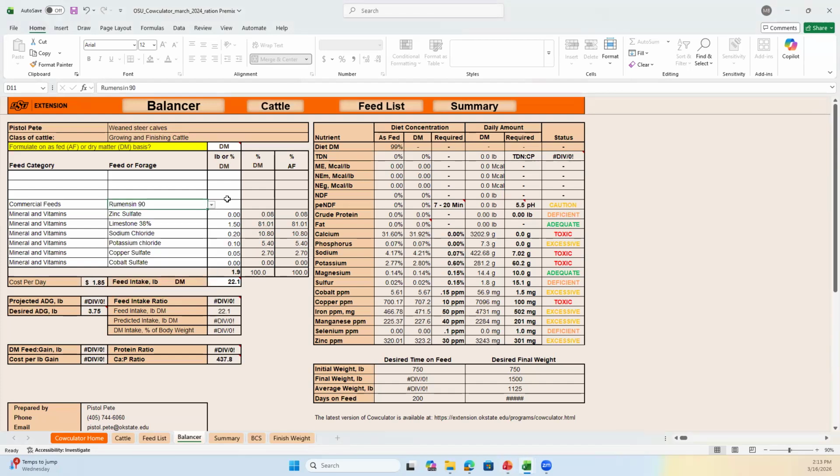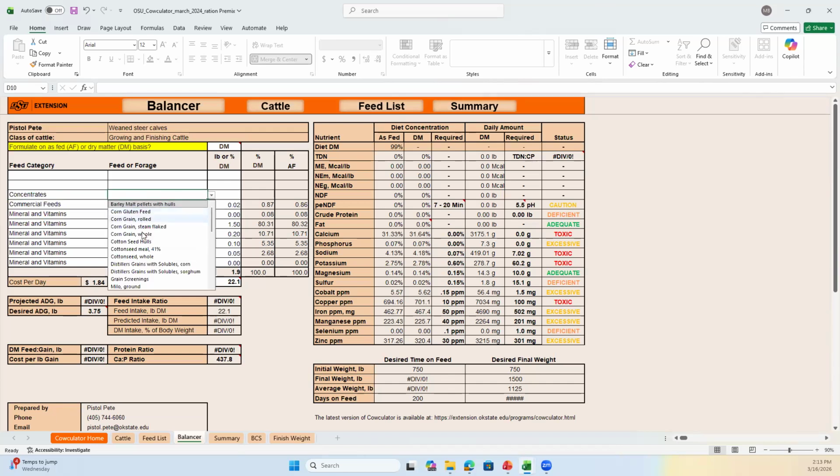So there's Rumensin 90. On the previous slide, we calculated that we needed to bring in 0.01621. Okay. The sum of all these cells is 1.87. So 3 minus 1.87 is 1.13.